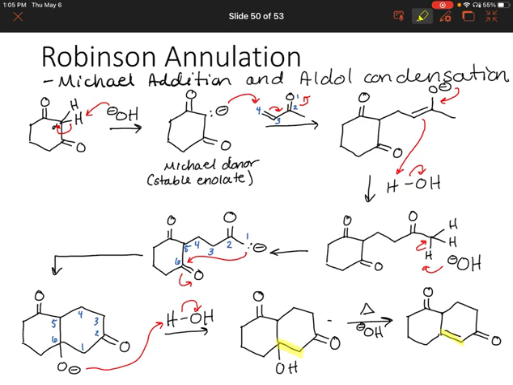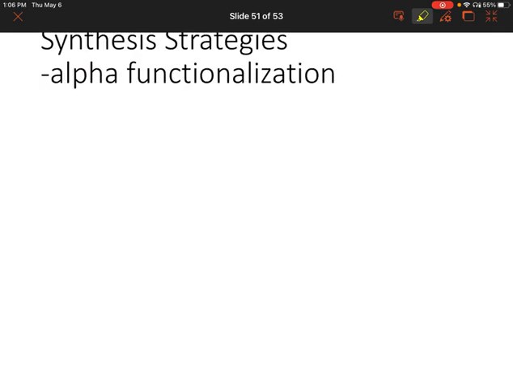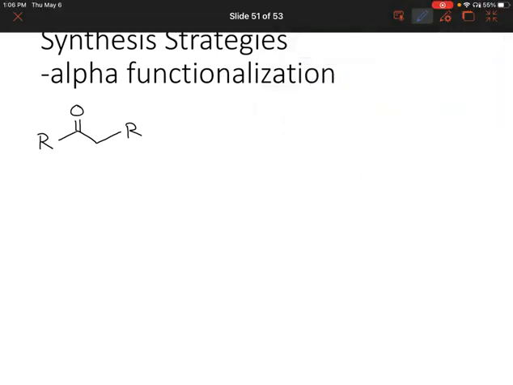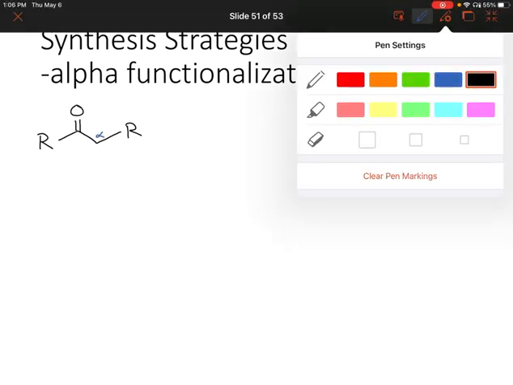Okay, now let's go on to synthesis strategies. So we're just going to summarize all of the reactions we've learned in this chapter. So let's say that you want to add something to the alpha carbon on your molecule. So for instance, maybe you have a ketone and you want to add something to its alpha carbon.